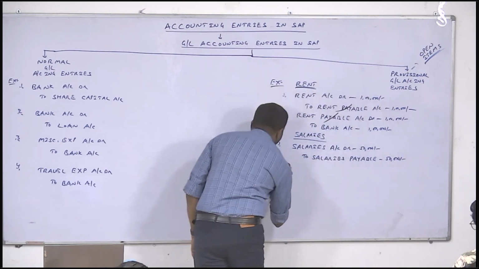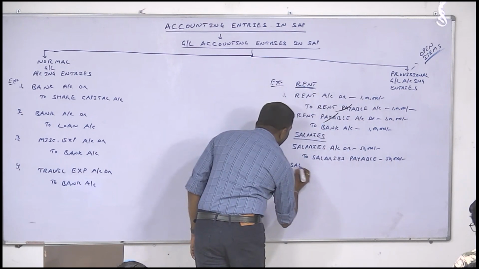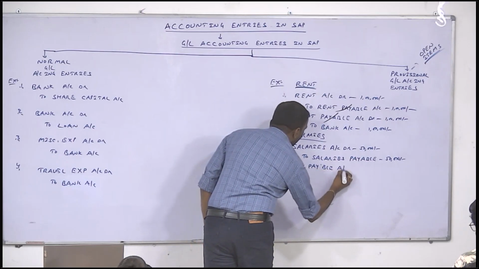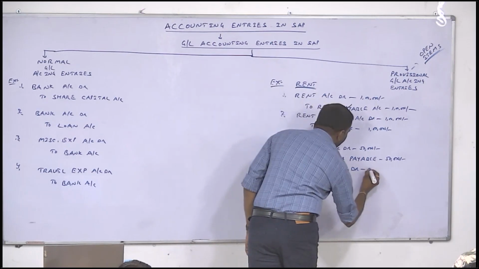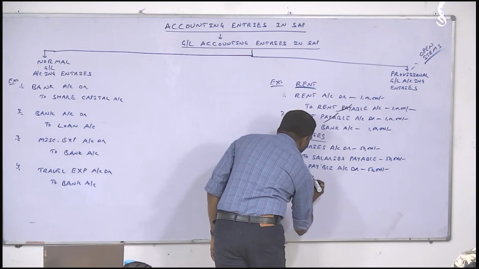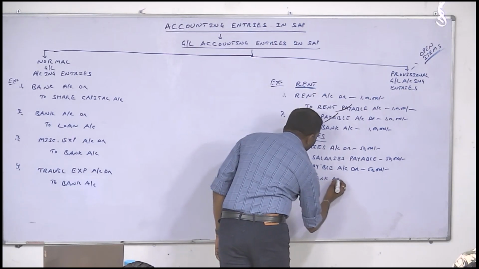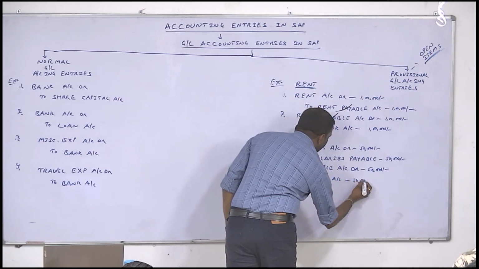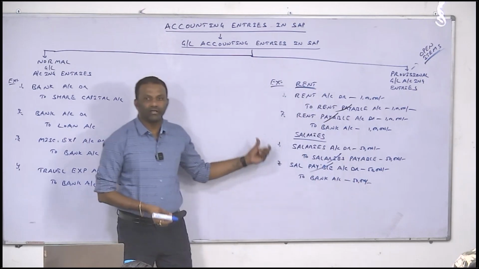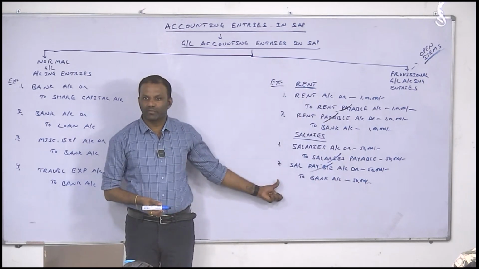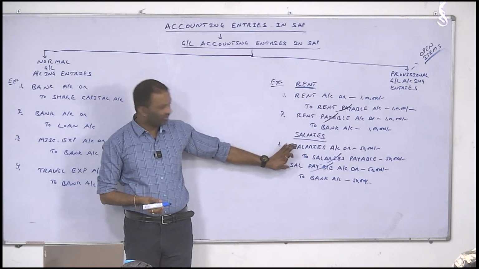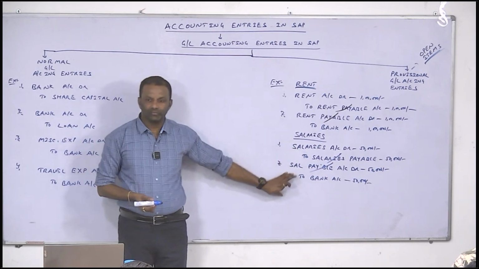Then what is the second entry? Salaries payable account debit, how much? 50,000, to bank account. So again, salaries payable. What is the accounting entry? Salaries account to bank account. But organizations will first post salaries account to salaries payable.